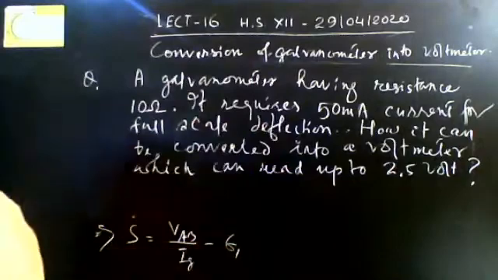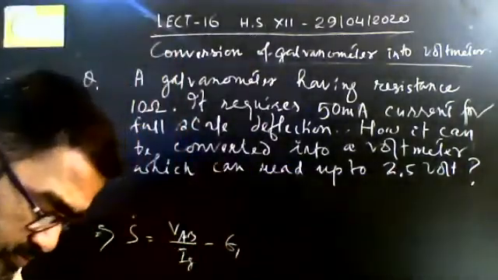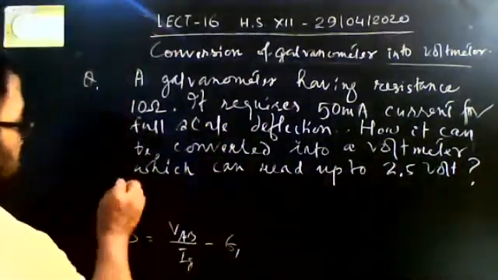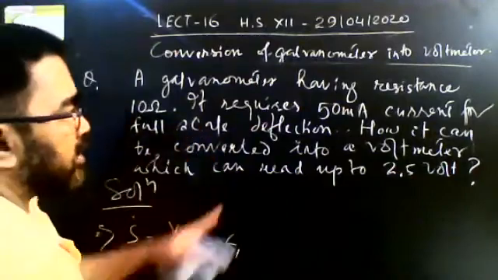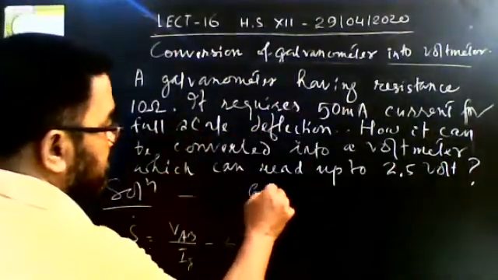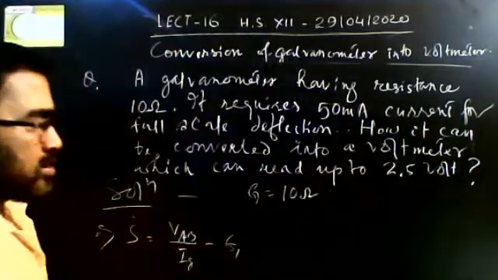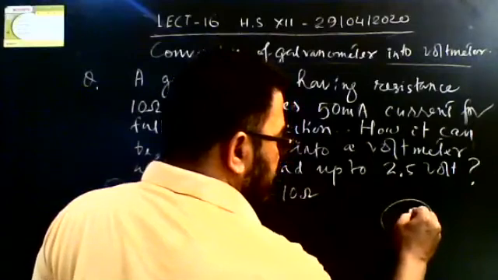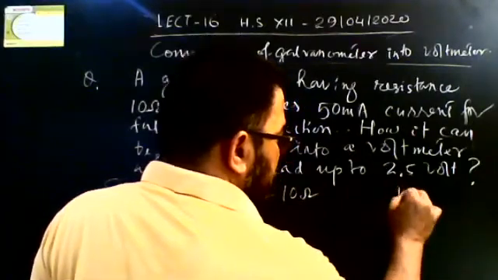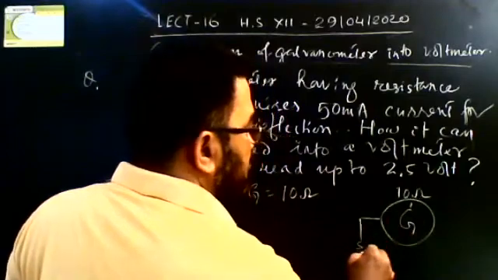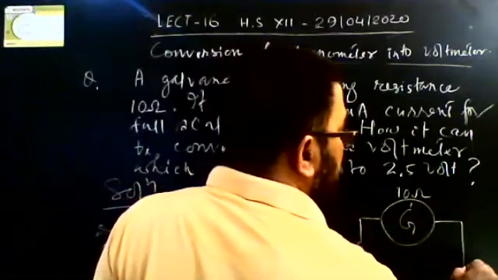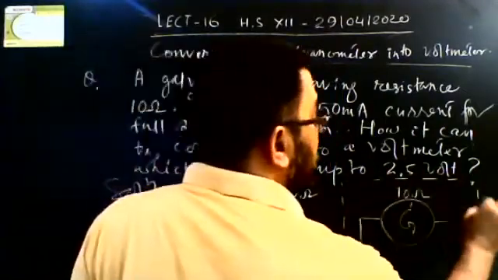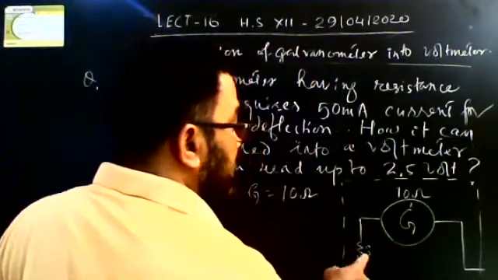First of all, you have to understand what the question is. The question is that you have a galvanometer having resistance 10 ohm. You are to convert this galvanometer into a voltmeter by connecting this resistance.